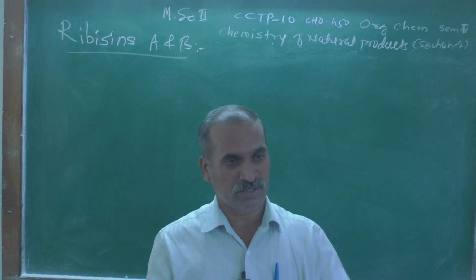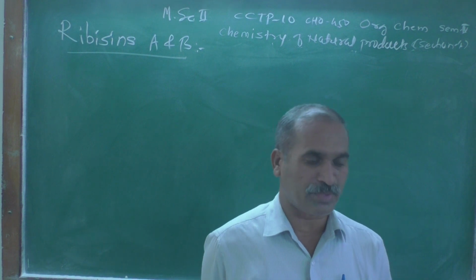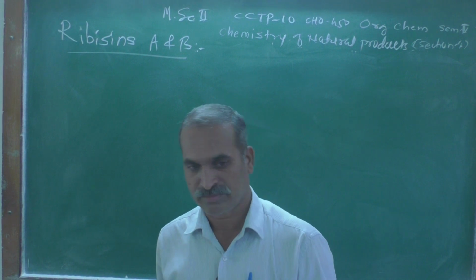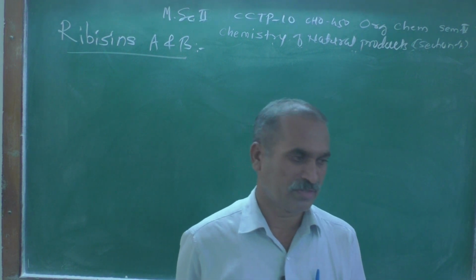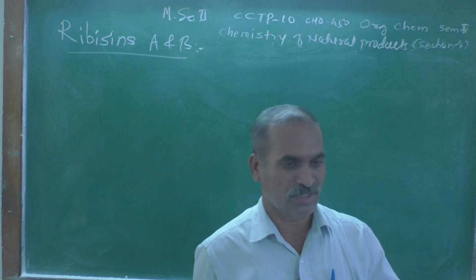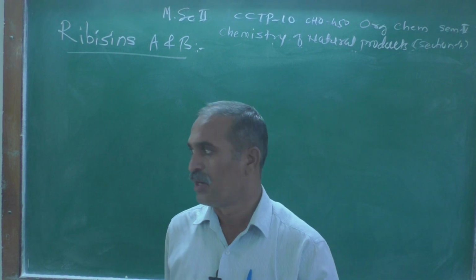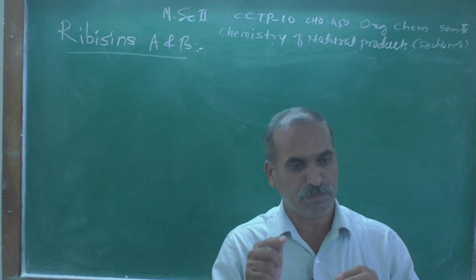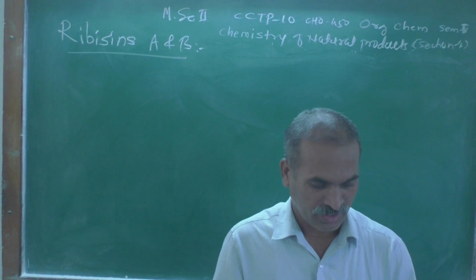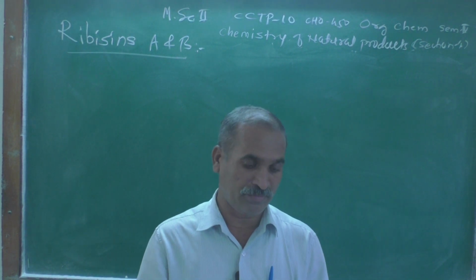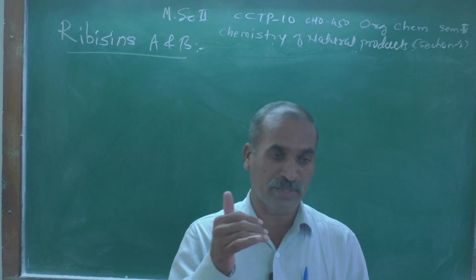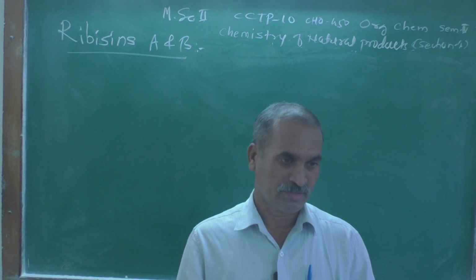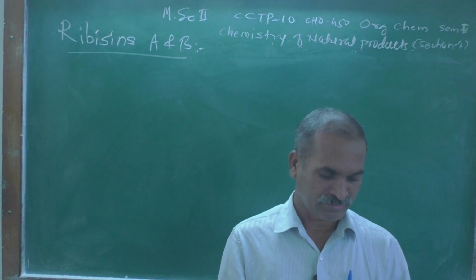And ribosins are natural products isolated from the plant, because these natural products are mainly obtained or isolated from various parts of plants, and ribosin, the name itself suggests, will be obtained from the Ribes plant.